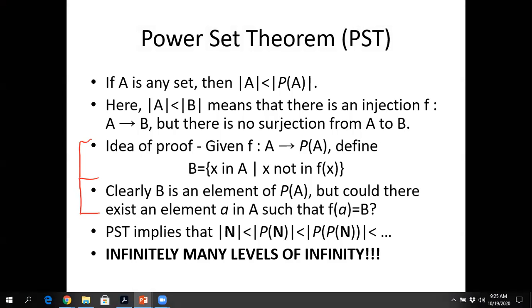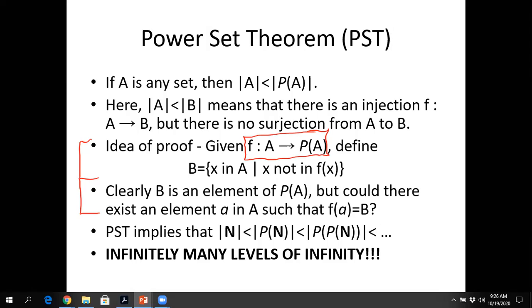And to get us moving in that direction, look at this set B right here. B is the set of all X in A. Somebody's given me a function that goes from a set to its power set. So it takes A as inputs, and the outputs are subsets of A. That's kind of weird.